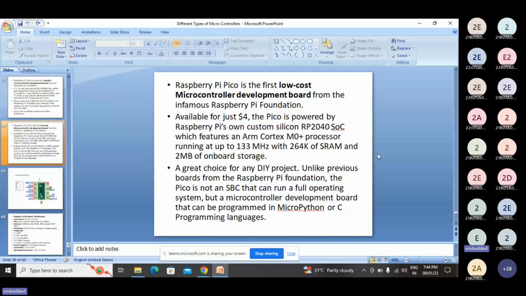Unlike previous boards from the Raspberry Pi Foundation, the Pico is not an SBC that can run a full operating system, but a microcontroller development board that can be programmed in MicroPython or C programming languages.